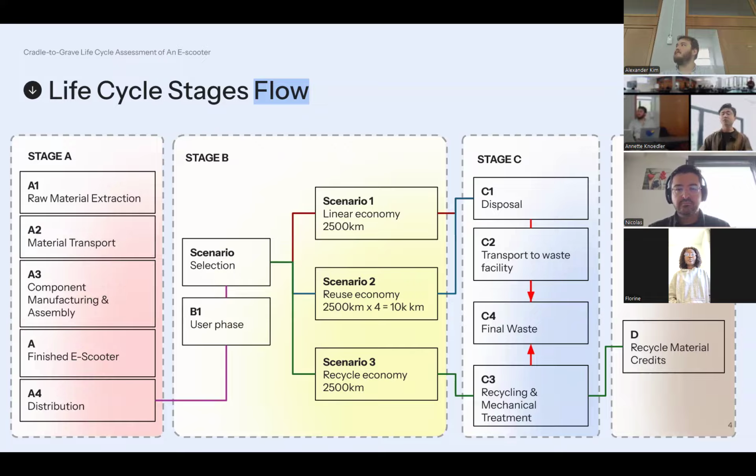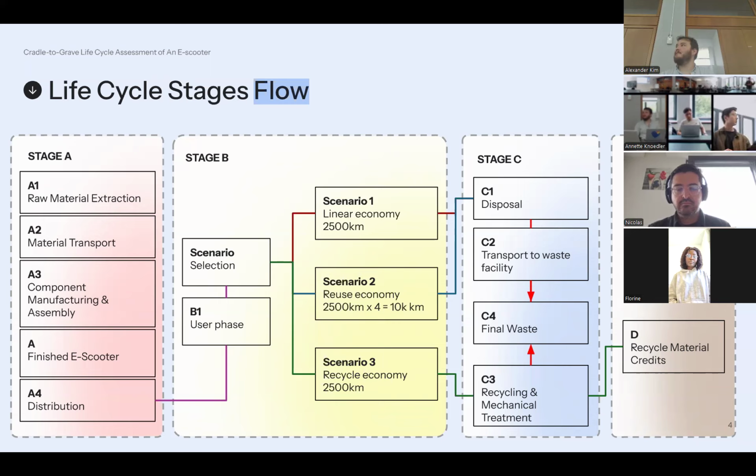The second scenario is a reuse economy, whereby we decided to use the scooter up to 10,000 kilometers, so that's 4 times the normal usage. And the last scenario is a recycled economy, whereby it's the same as scenario 1, 2,500 kilometers. However, at the end of life, we decide to recycle some parts of the components as credits.